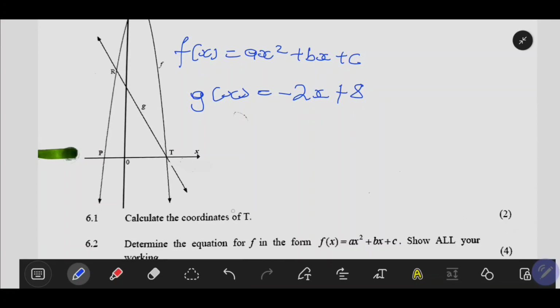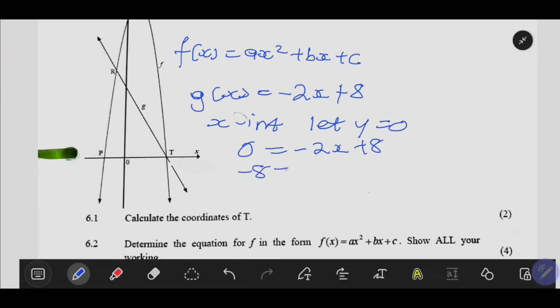So when we calculate the x-intercept, we let y be equal to 0. So it means we're going to have 0 is equal to negative 2x plus 8. Then we take this 8 to the other side, it's negative 8, which is equal to negative 2x.